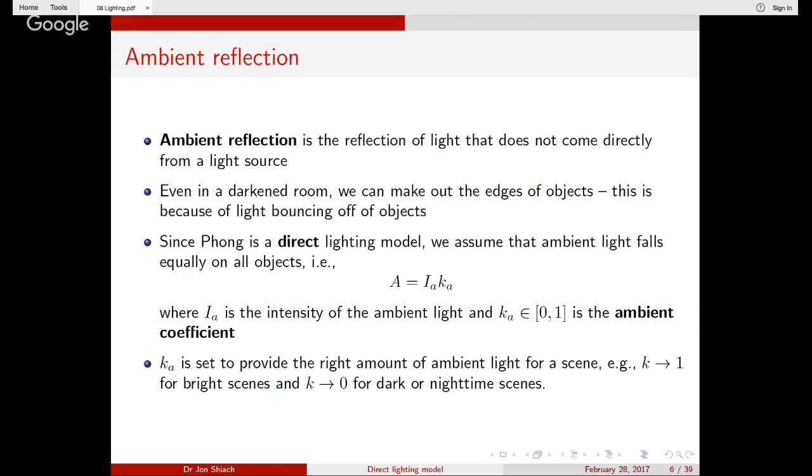All you do is set those values to whatever you want. So Ia, I for intensity, A for ambient, and Ka is just like a tuning thing. If you've got your virtual world, you'll set your Ia, and then if you want it at night time, you'll set Ka close to 0. Then that will be very dark. If you're on a very bright scene, you set Ka to be 1.